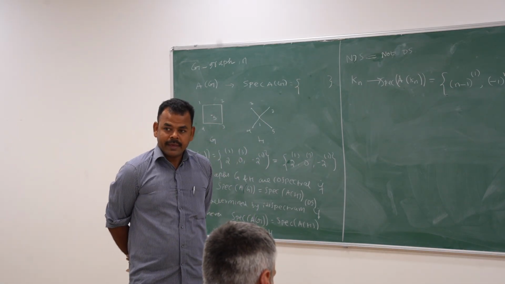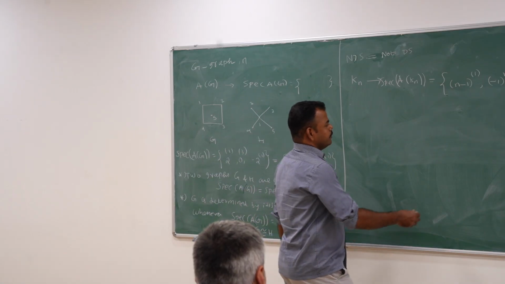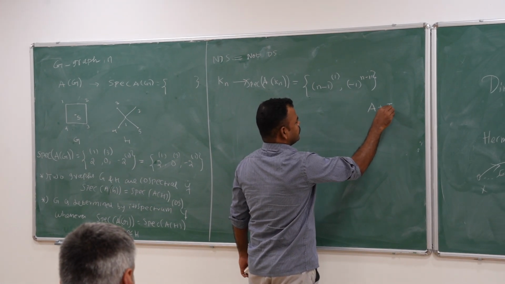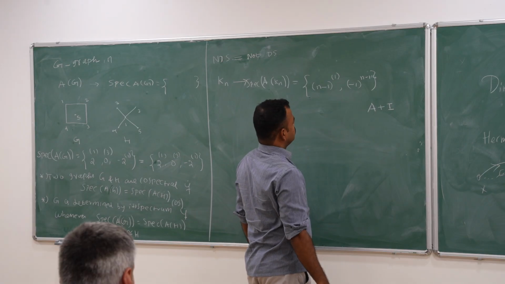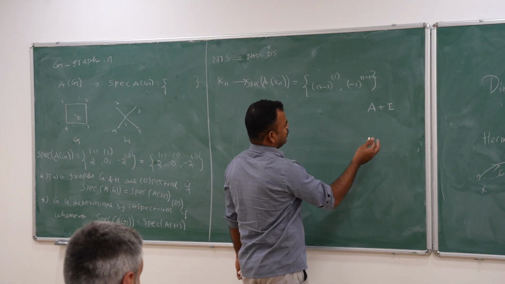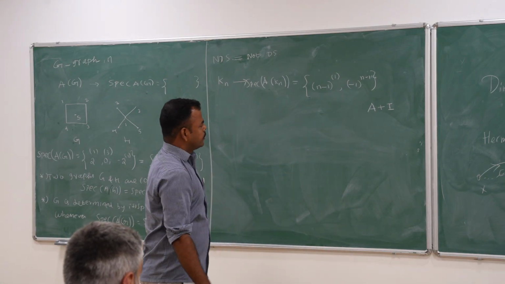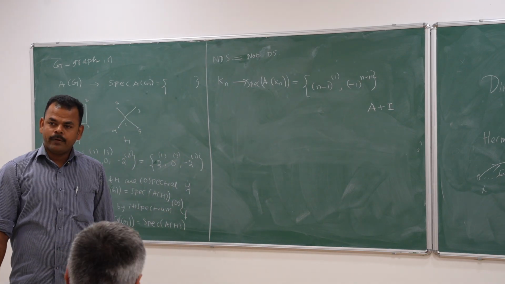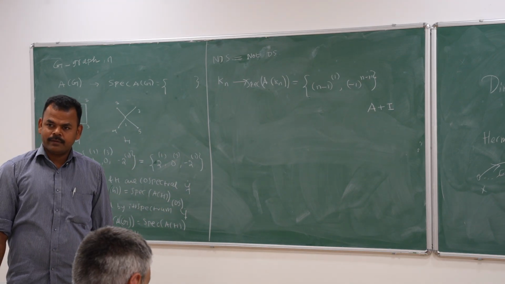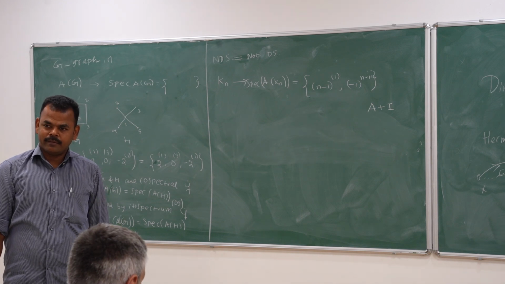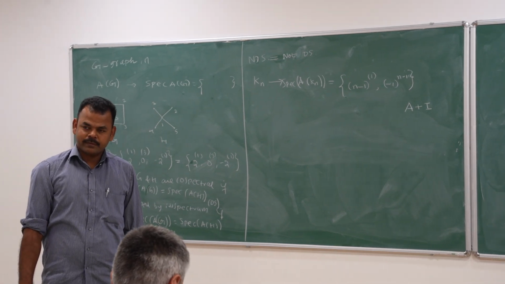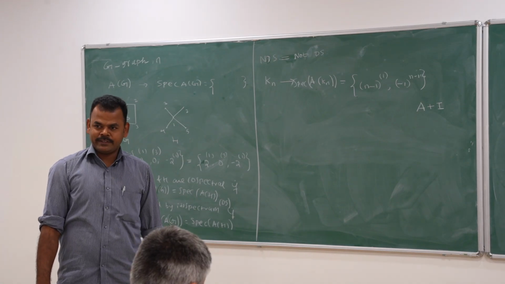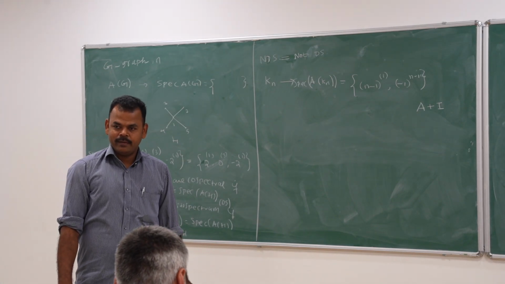A plus identity. The spectrum will get shifted. Rank 1 means every row is a scalar multiple of one row. And the adjacency matrix has only 0 or 1 entries, so the scalar is 1 each. Fantastic.